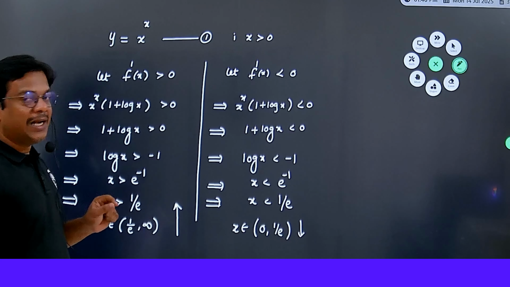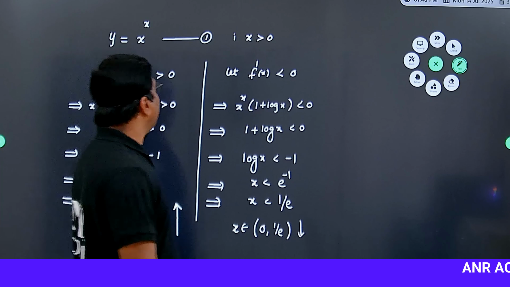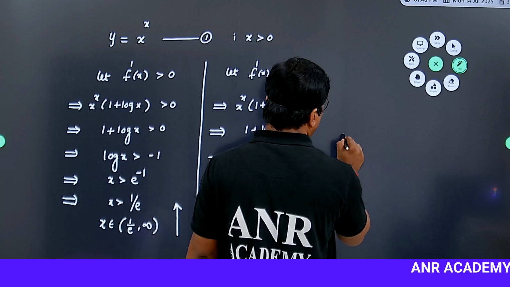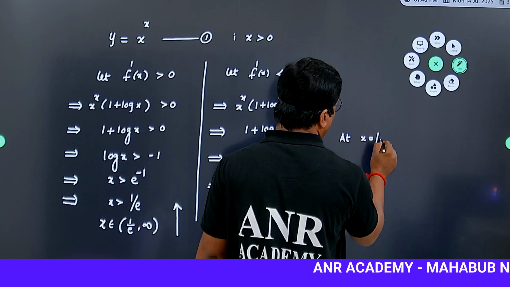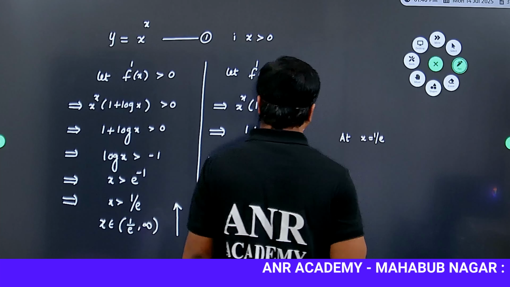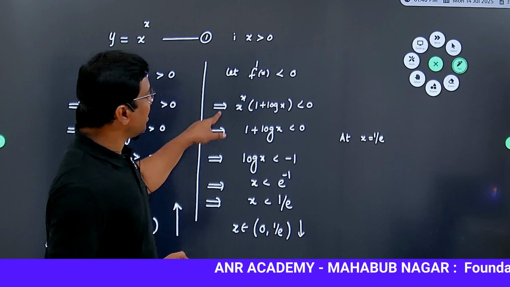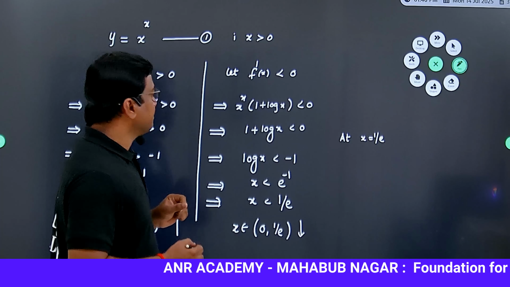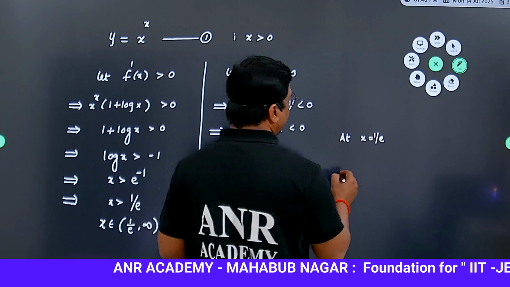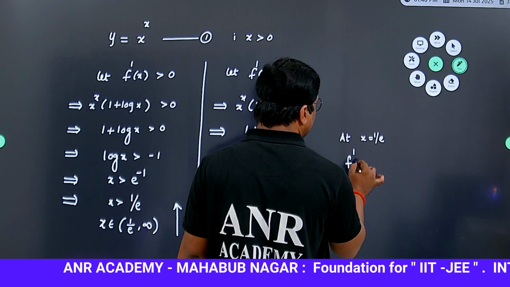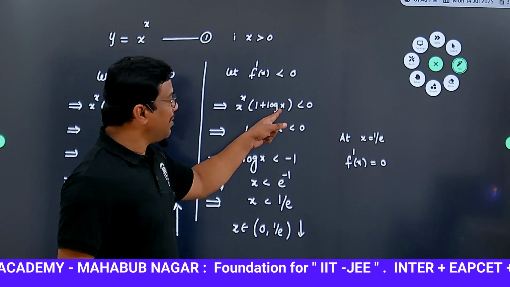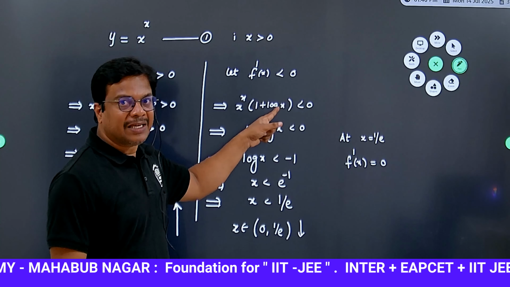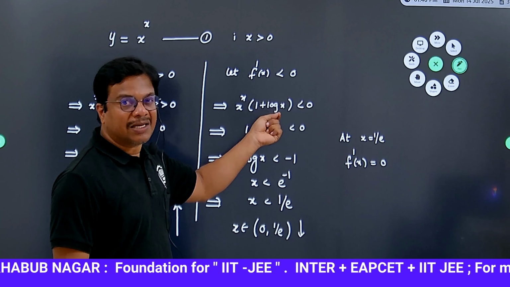and particularly at x equal to 1 by e, its derivative becomes 0. If you write the x value 1 by e, log 1 by e is nothing but minus log e.